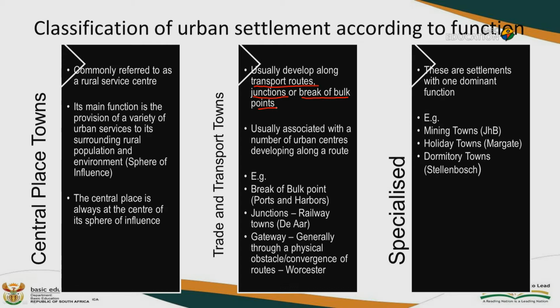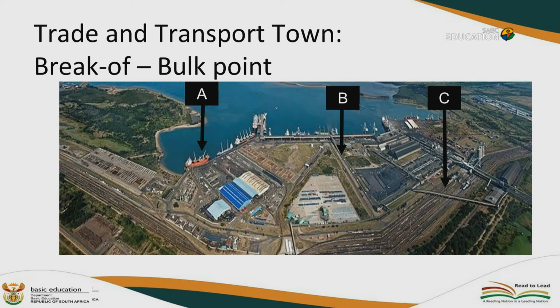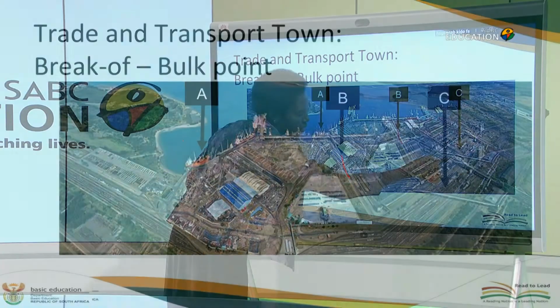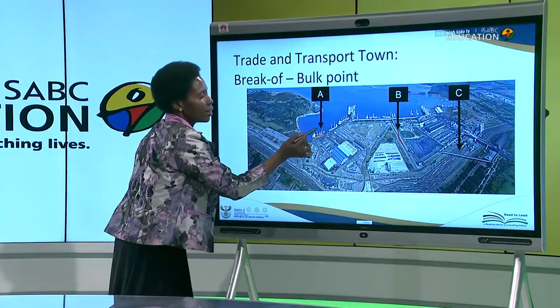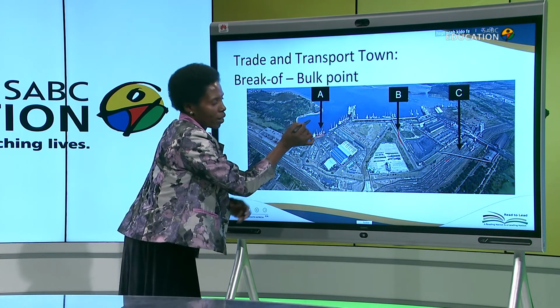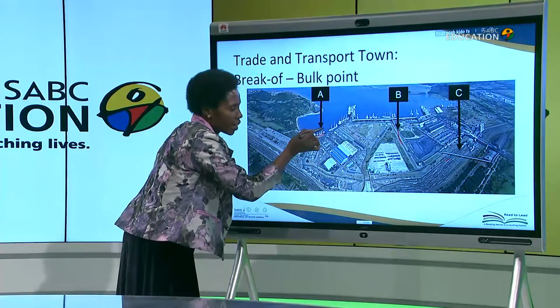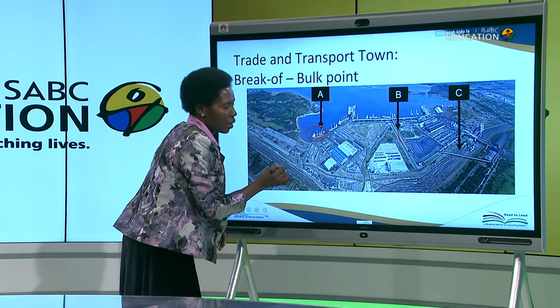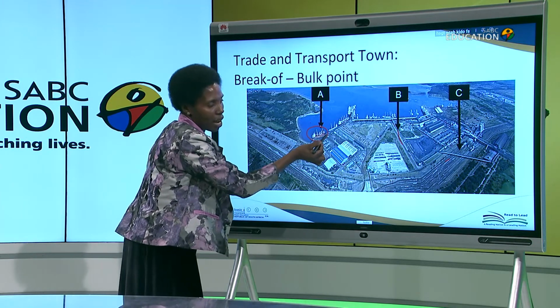Let us look at a picture. Okay, when we talk about break-off bulk points, here there is a sea, there is a road, and here we have a railway line. When the ship comes by the sea, it comes with goods and offloads them here by the harbor.